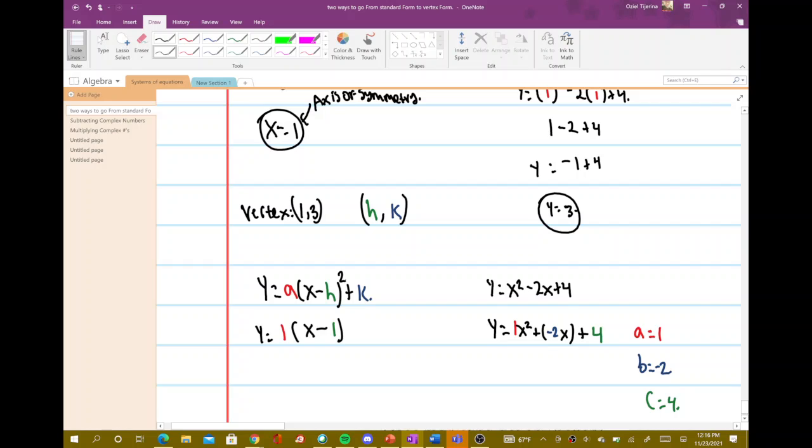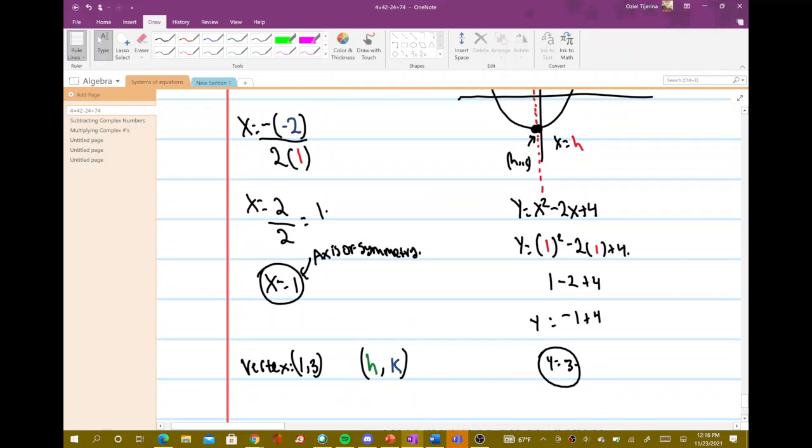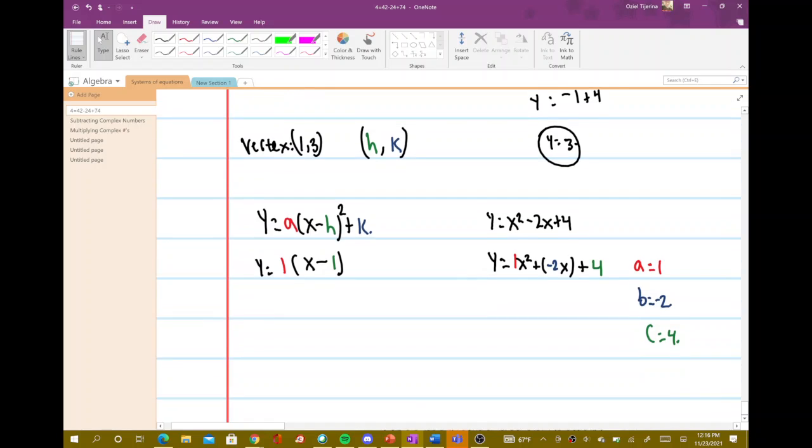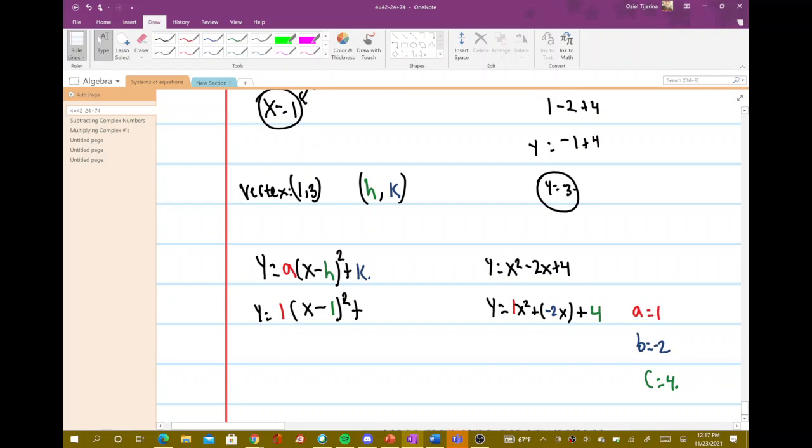Oh, and by the way, it's squared. x minus h squared, right? Plus k. So we have squared plus, and then we have k, which is 3.